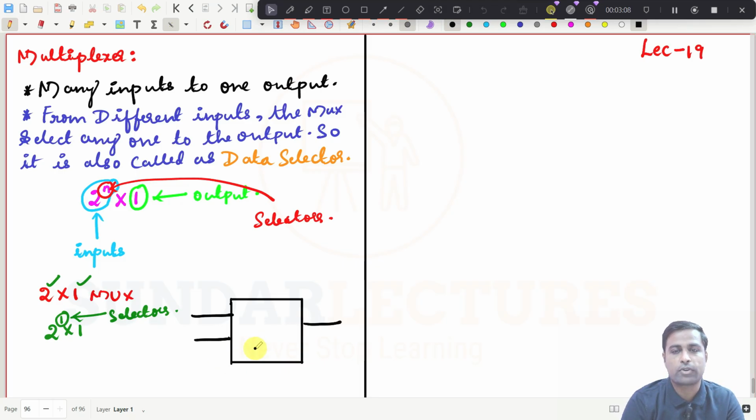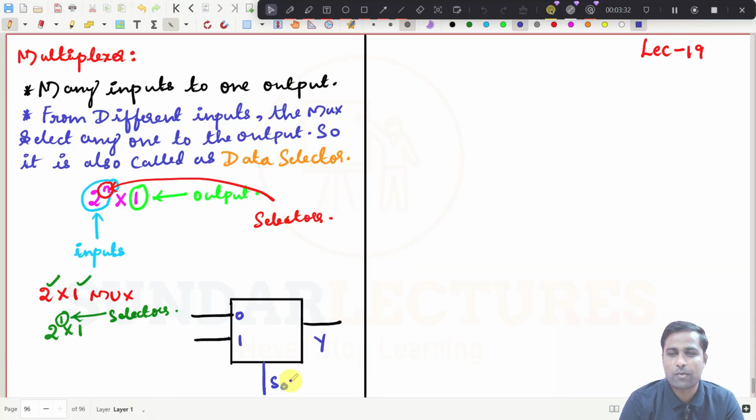Now, what is this? This is nothing but the selector switch. I will call it S0, and I will call the output Y, and these are the inputs. You may name them whatever you like. This is input 0, and this is input 1.